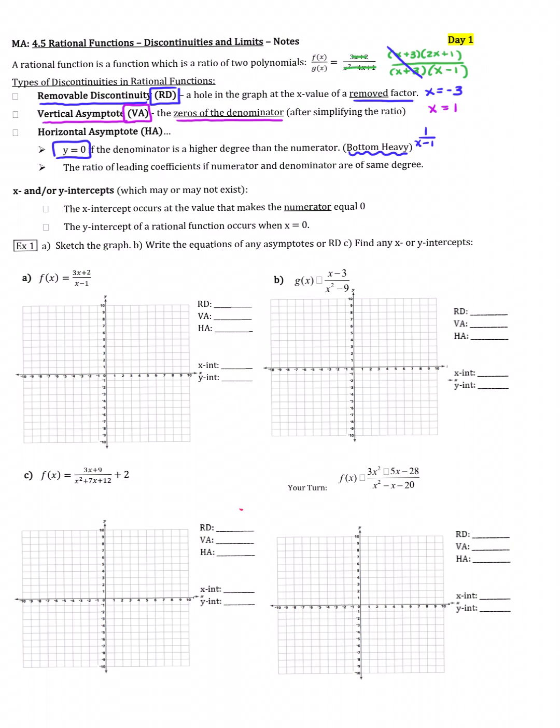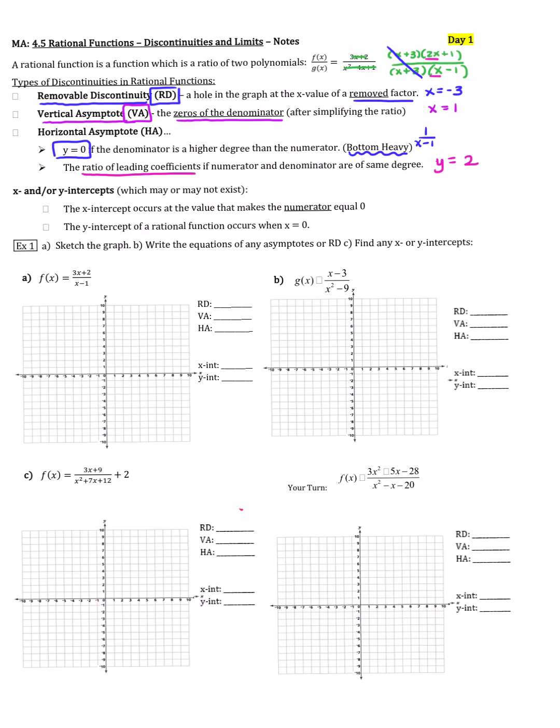That would be bottom heavy because you have a heavier power of x on the bottom than the top, and in that case, y equals 0 would be your asymptote. However, in the equation in our example above, the powers of x are the same, top and bottom. When that happens, you take the ratio of those coefficients. So 2x over x would give me a horizontal asymptote of y equals 2, since that would reduce to 2.